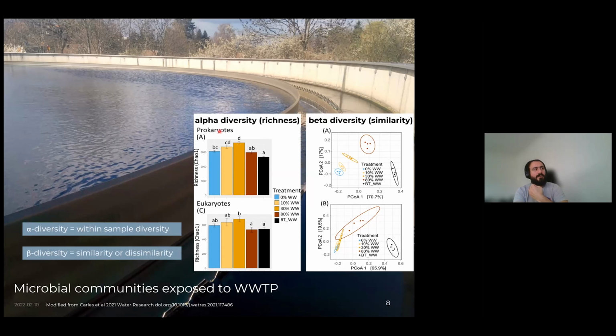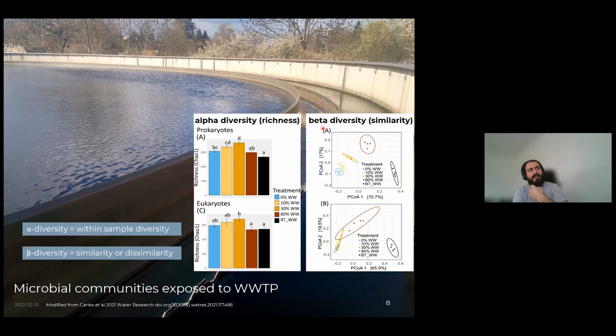What we can observe in this study is that they observed changes in alpha diversity at a specific treatment, the one with 30% wastewater. They observed clear increases in diversity when that community was exposed to 30% wastewater treatment plant effluent.